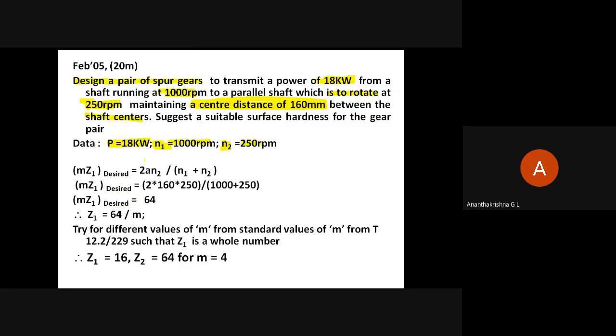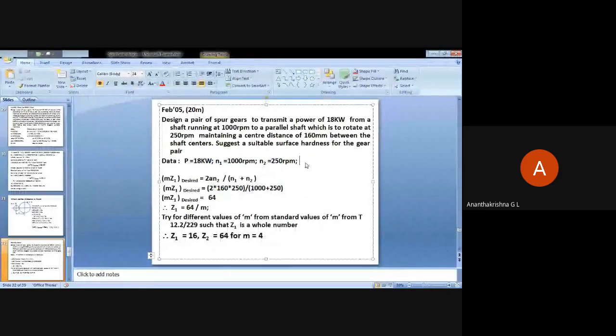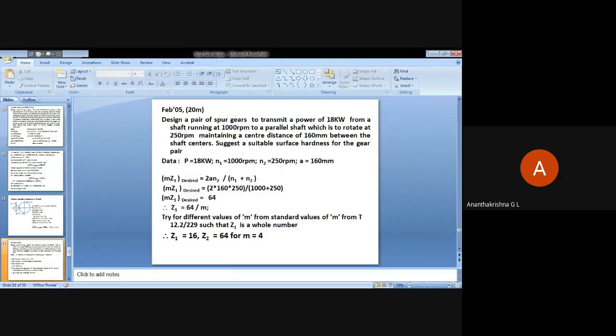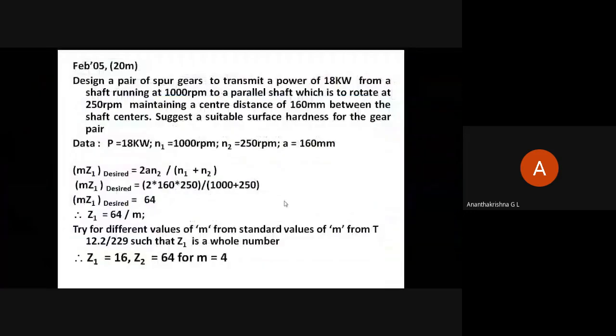So center distance is fixed to be 160 mm. So the value of a is equal to 160 mm, fixed in the problem. Now we have m z1 desired given by 2a n2 by (n1 plus n2).